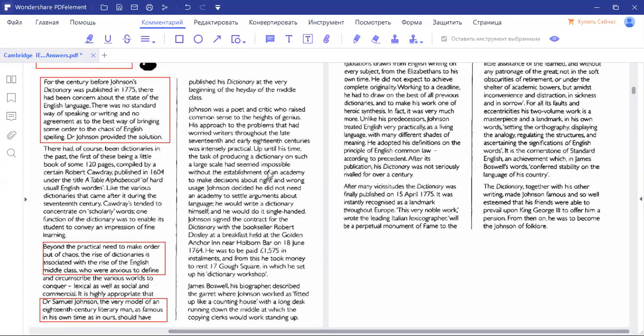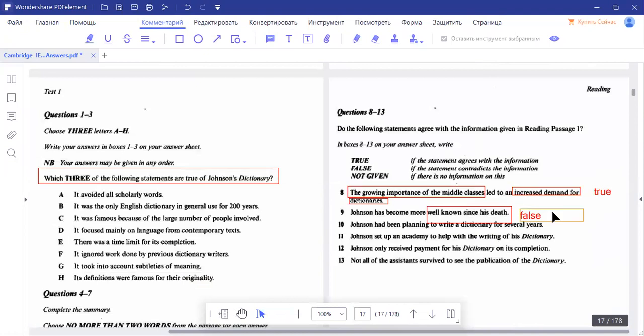Up until this time, the task of producing a dictionary on such a large scale had seemed impossible. Without the establishment of an academy to make decisions about right and wrong, Johnson decided he did not need an academy to settle the arguments. I've been reading till here and didn't find the time frame that he followed. So it is not given.